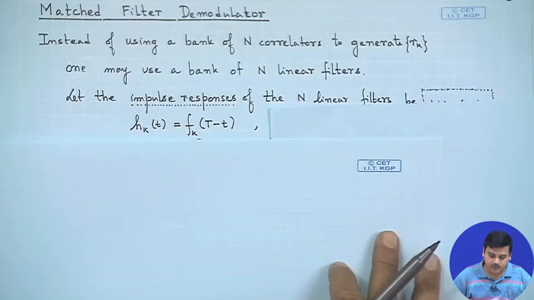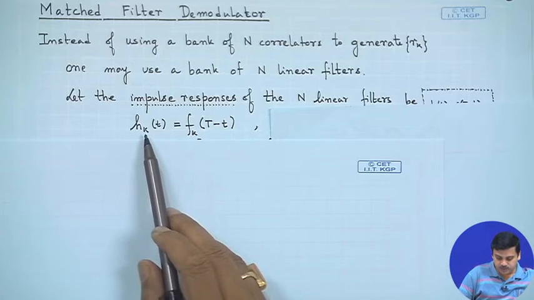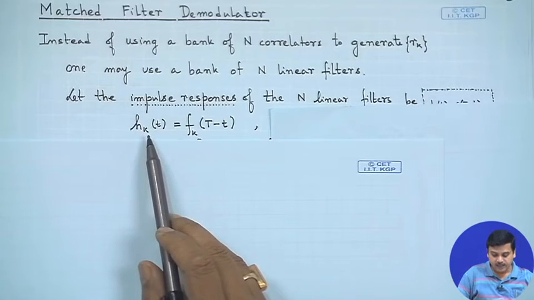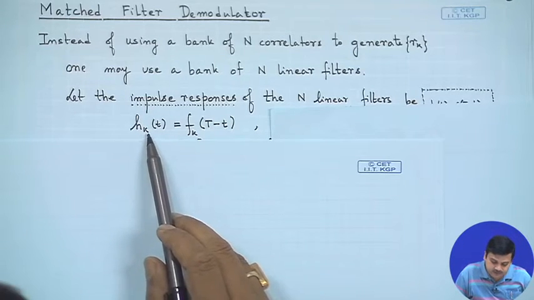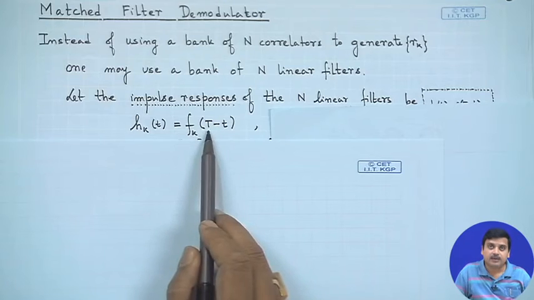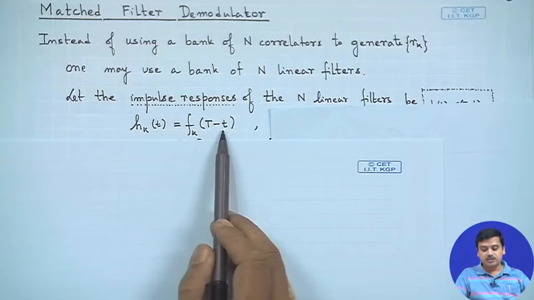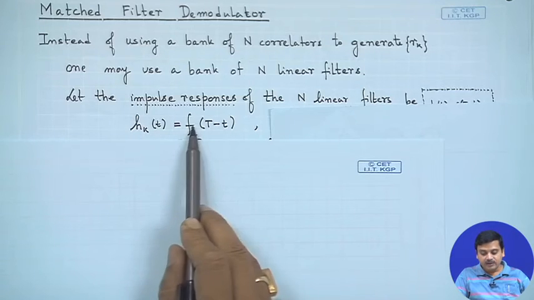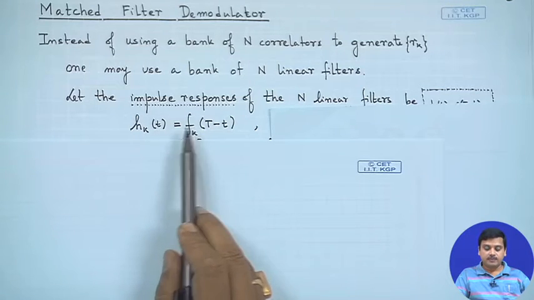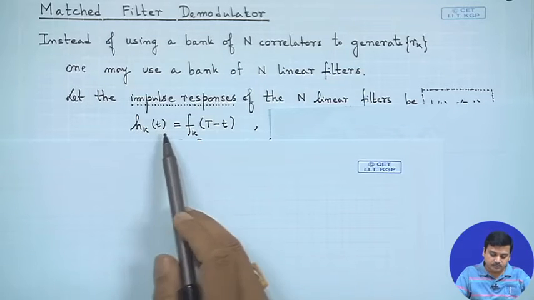We choose filters with impulse response h_k, because we have the different basis functions. So, h_k(t) is equal to f_k(T minus t). This means that you are flipping the basis function and assigning it as the impulse response.